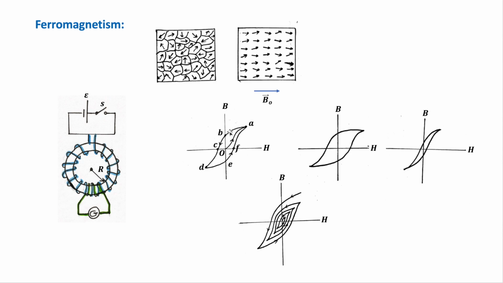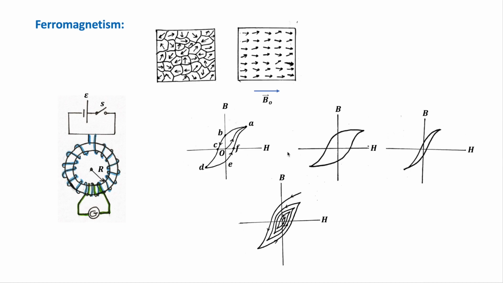So this curve is known as the magnetic hysteresis loop, and it shows that the magnetization of a ferromagnetic material depends on the history as well as the strength of the applied field. And the shape and size of this loop depends on the properties of the ferromagnetic material and on the strength of the applied field.